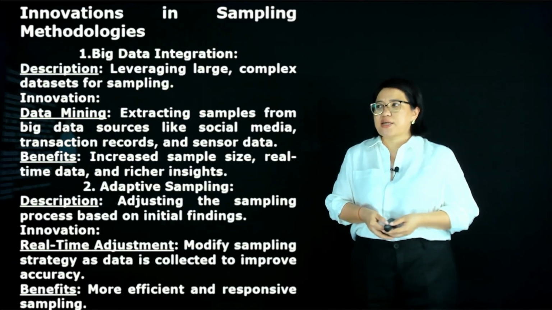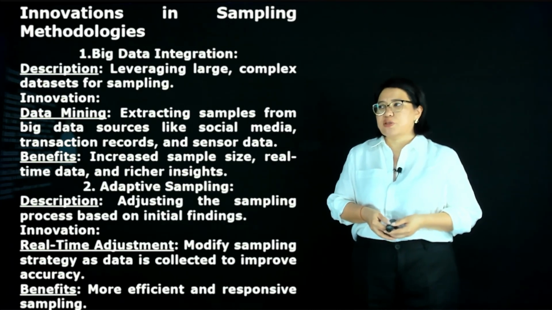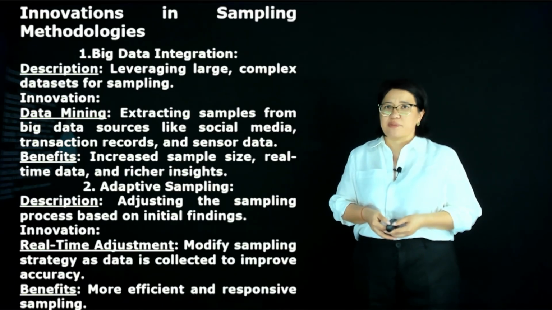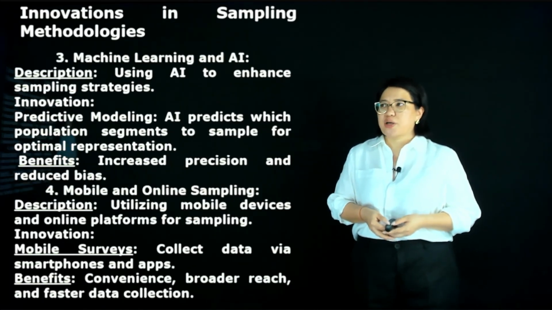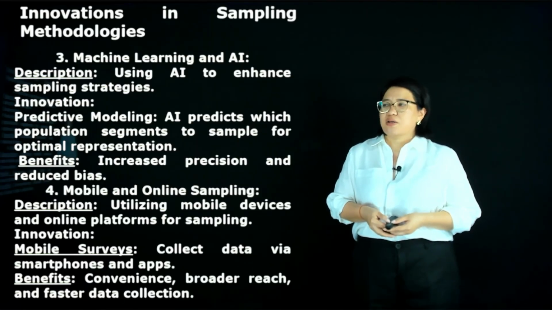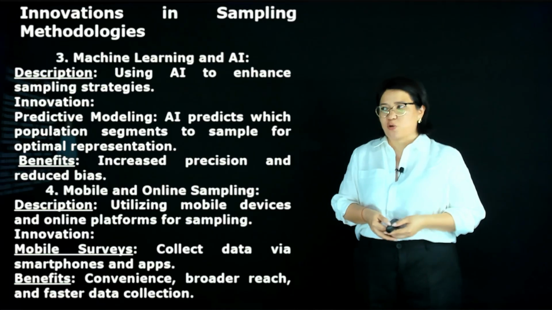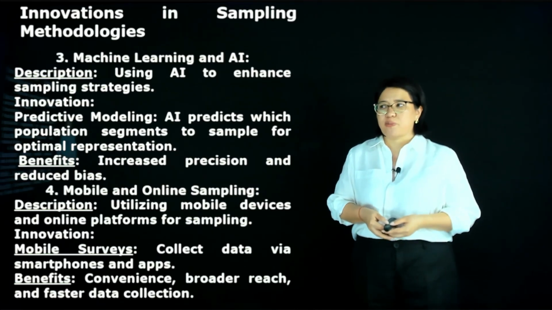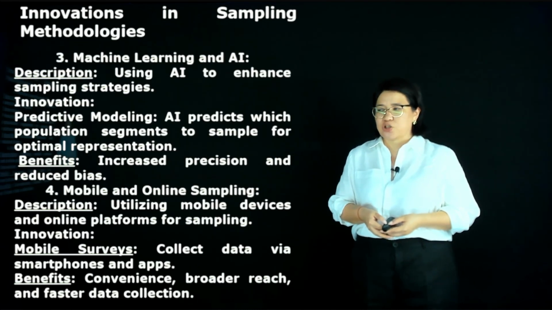The benefit of adaptive sampling is more efficient and responsive sampling. For machine learning and AI, the benefits are increased precision and reduced bias. The last one is mobile and online sampling, with benefits of convenience, broader reach, and faster data collection.